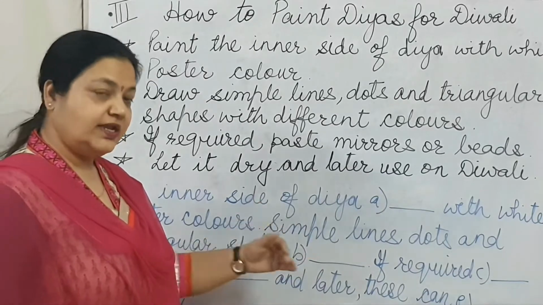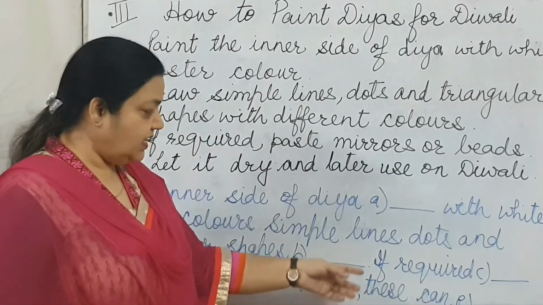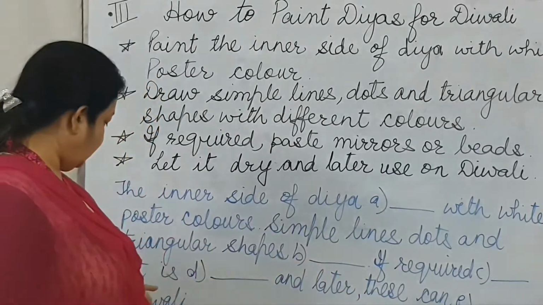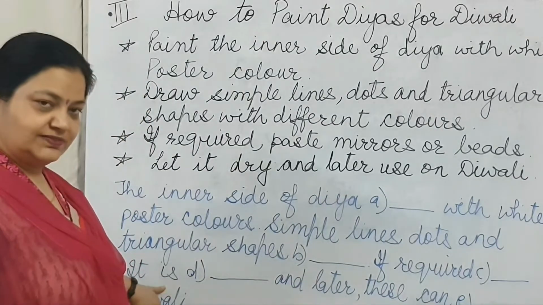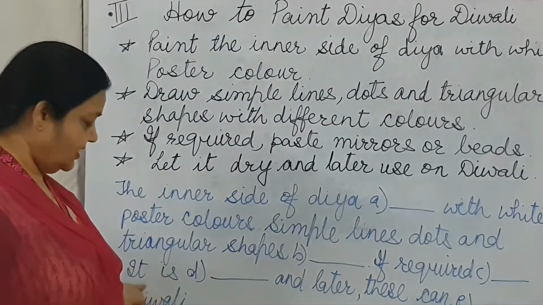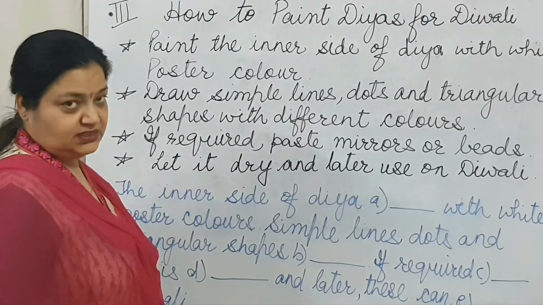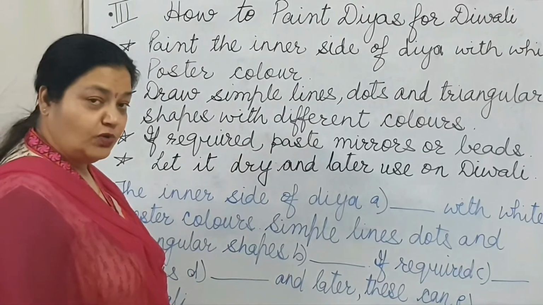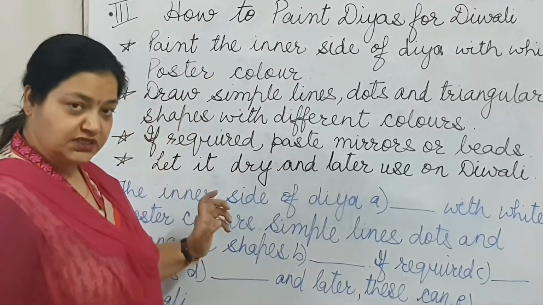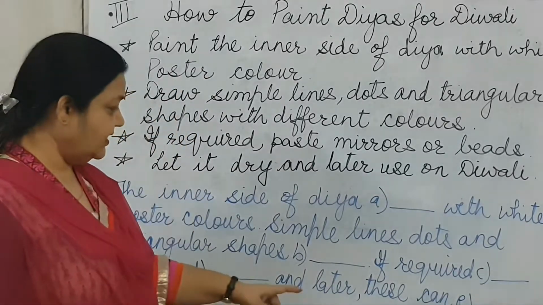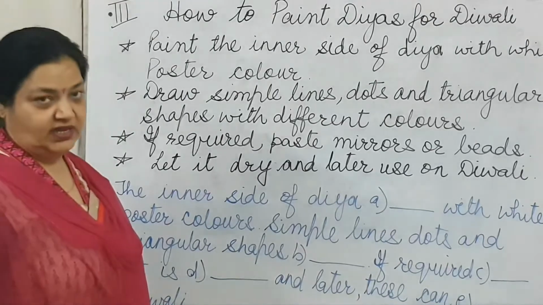Still not clear. Let us read further. If required, it is. Now this is telling us that we have to use present tense to change the form of verb from here. Dash and later these can dash Diwali.